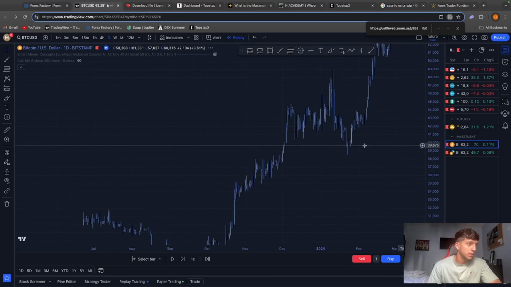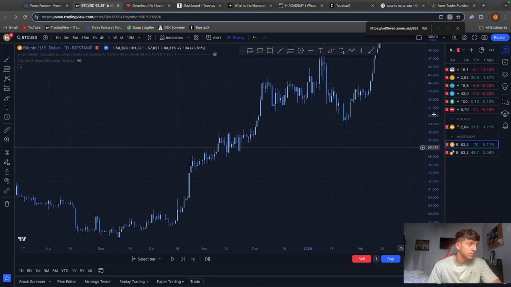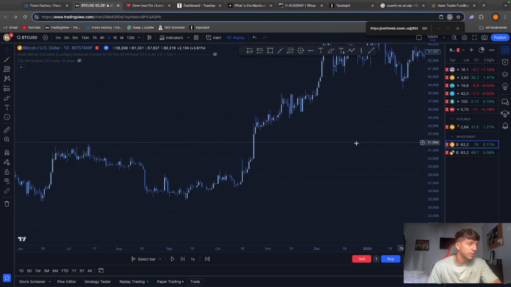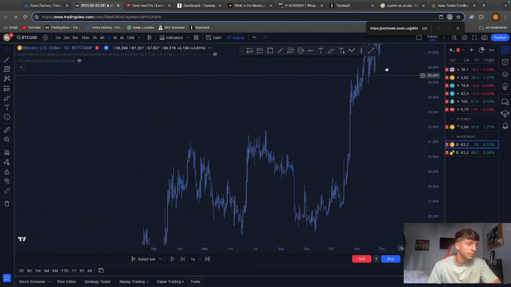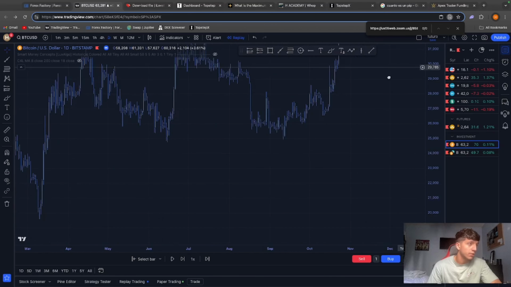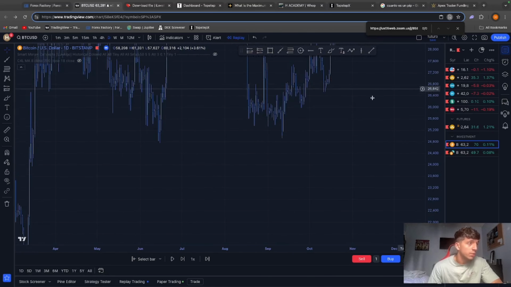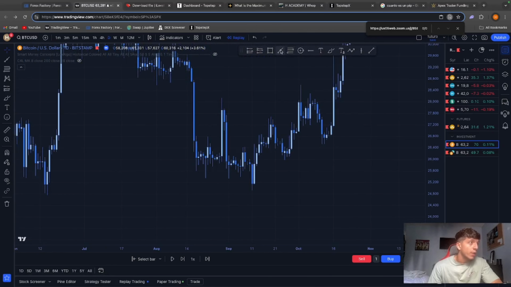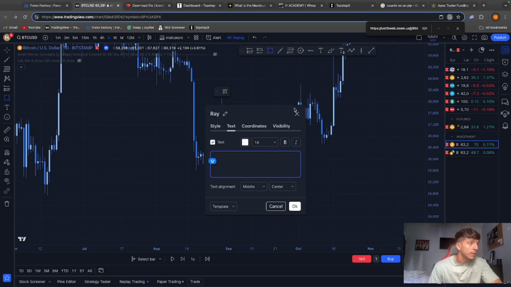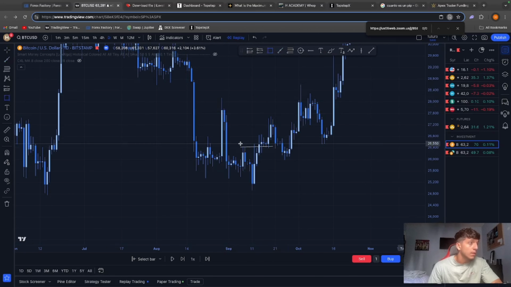Okay, let me see. Well, we have a break of structure here, order block. Okay, another order block but to the upside. Price broke structure, and then we're gonna grab this whole thing. That is the order block.